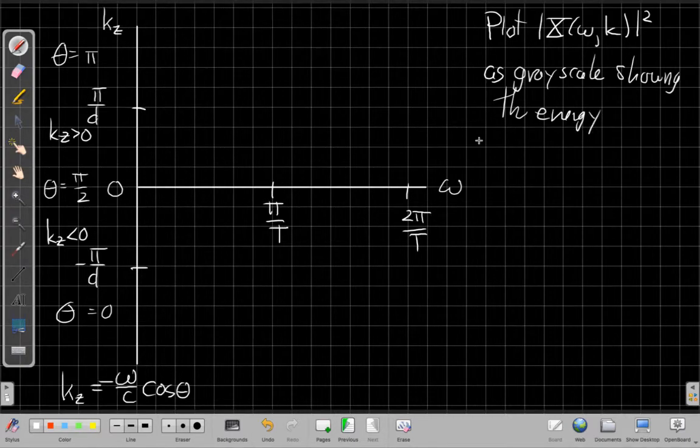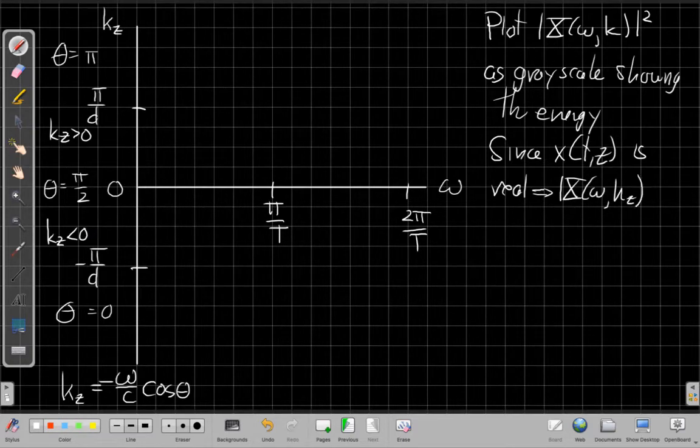But we also know the other thing we'll take advantage of is since the original signal in t and z is real, we have even symmetry in the magnitude of omega. Move that down where there's a little more room for it on the side.